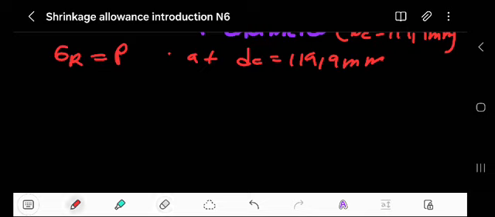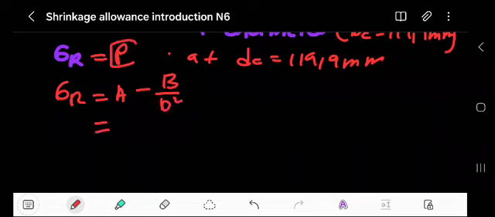Since we don't know this, what about the radial stress? We know that radial stress is given by A minus B over D squared, and this is equal to P. Call it P. Why do we want that?